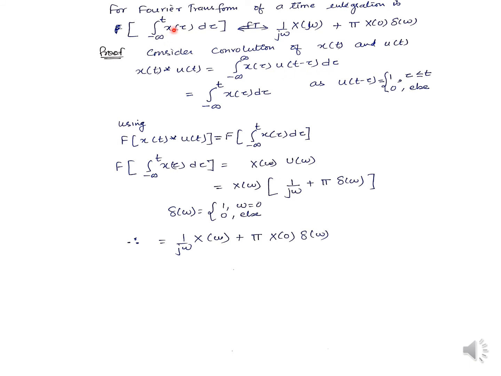If you see that we have a t here, what is this? u(t minus tau) is a time-shifted unit step function. So it's equal to 1 for tau less than or equal to t, so this factor is coming from here.